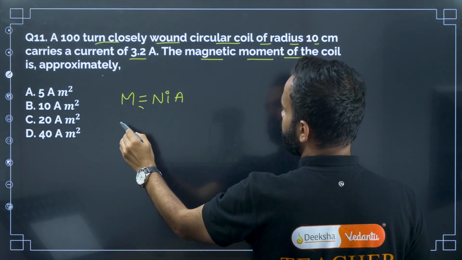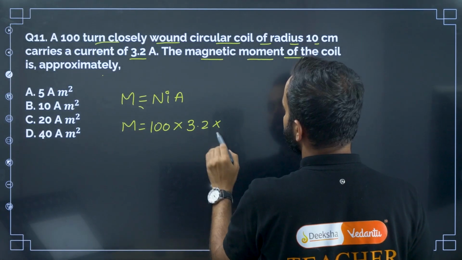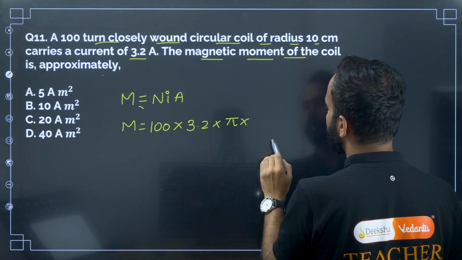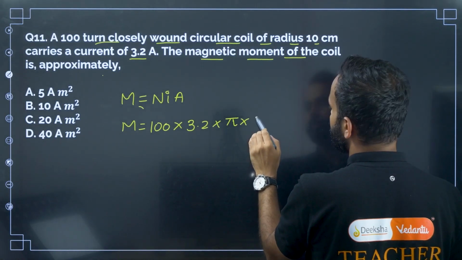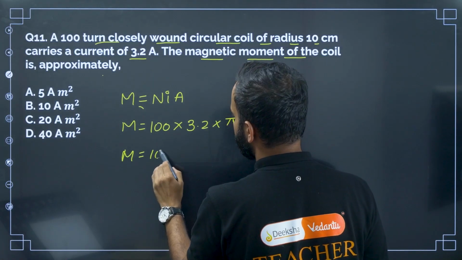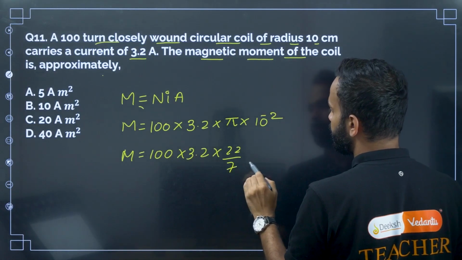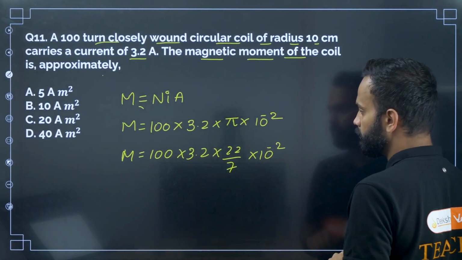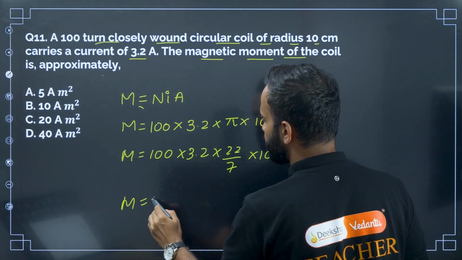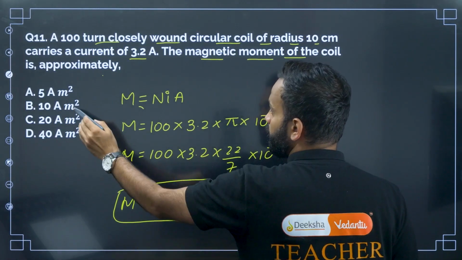Here N is 100, I is 3.2, and A is the area of the circular coil, that is pi into R square, where R square is 10 to the power minus 2 meter squared. So pi is 22/7, and M equals 100 into 3.2 into 22/7 into 10 to the power minus 2. Solving this, you will get 10 ampere meter square. The correct option is B.